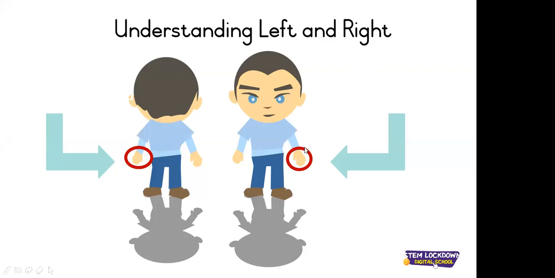If he's looking at me, I circled his left hand, but if he's turning away from me and standing with his back toward me, his left hand will be on the other side. So sometimes left is this side and sometimes left is the other side, depending on where the character is looking. It's not the same as south and east and west and all of those directions that we did previously.